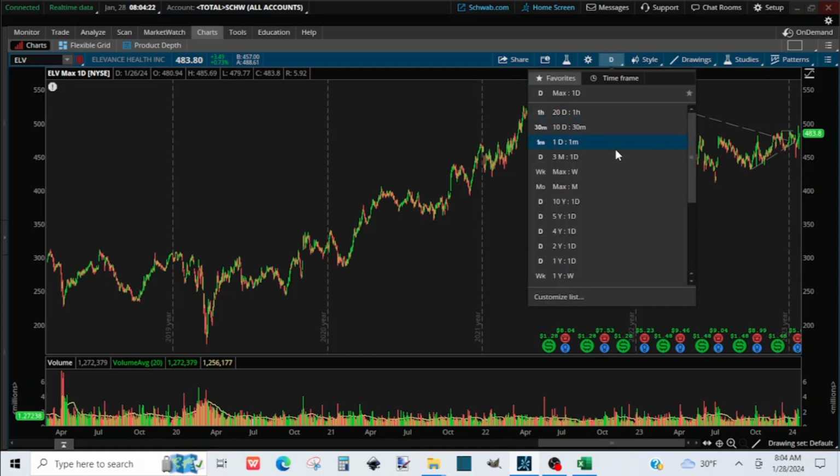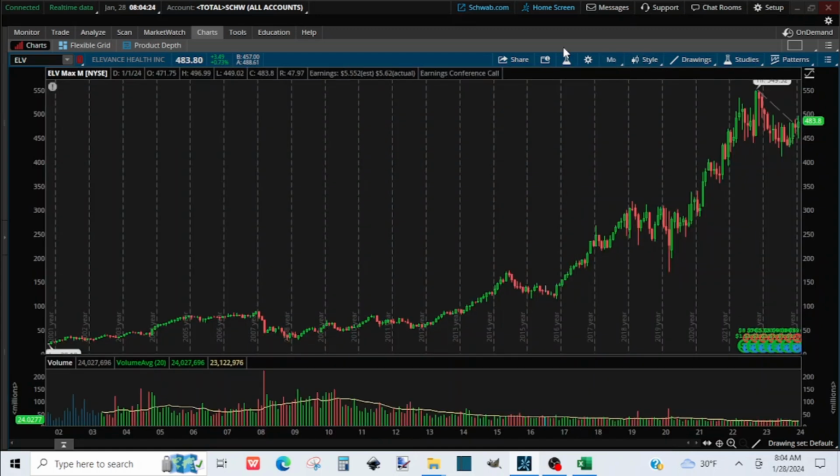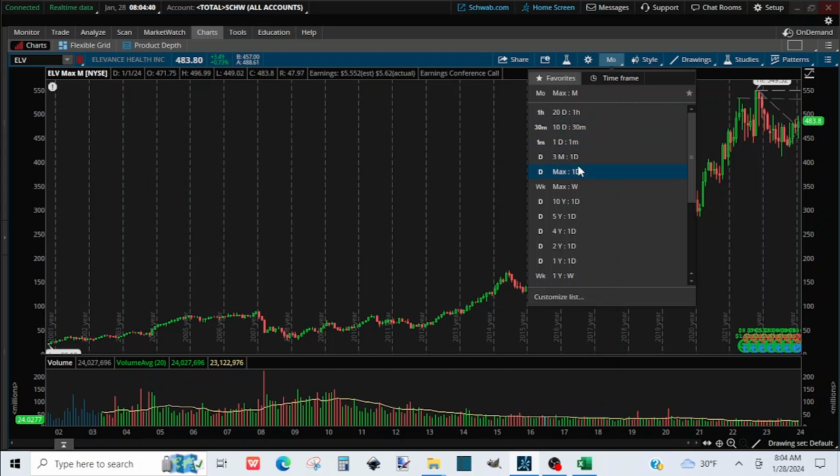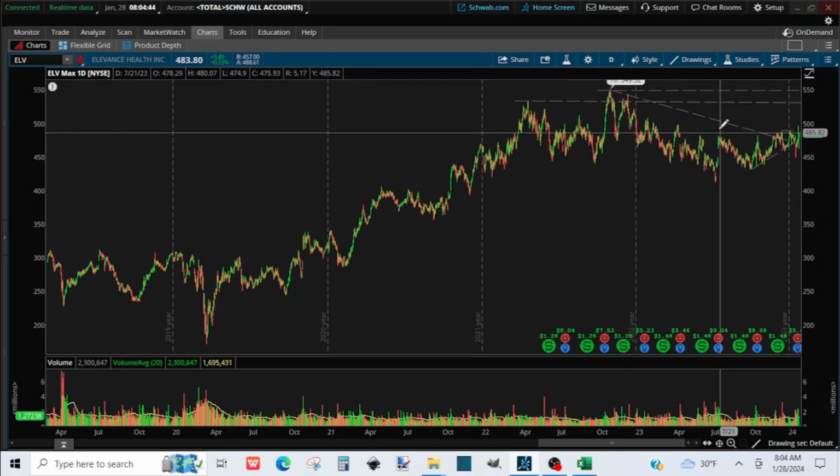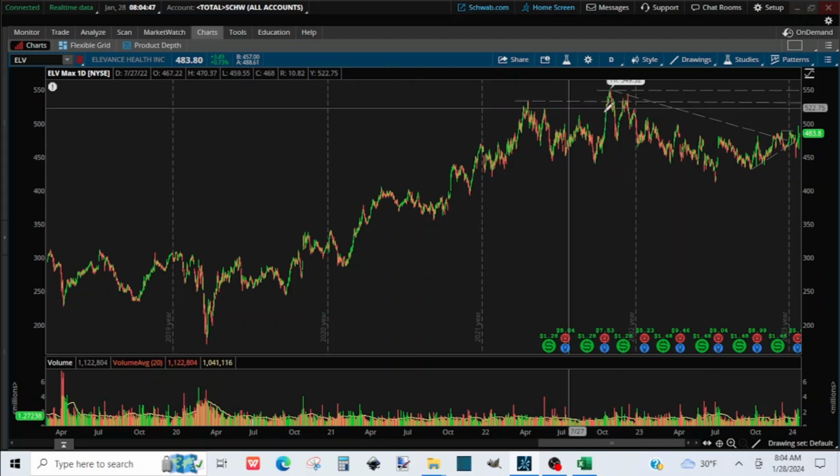So I will assume we are already here. One thing we can do though, this is a top it needs to surpass. This is a top it needs to surpass as well. I like to do that while it's far from me so I don't zoom, and then I can get close using the maximum daily to see if I can pinpoint those lines that I just created, and I will adjust it if it's not well on the peak.